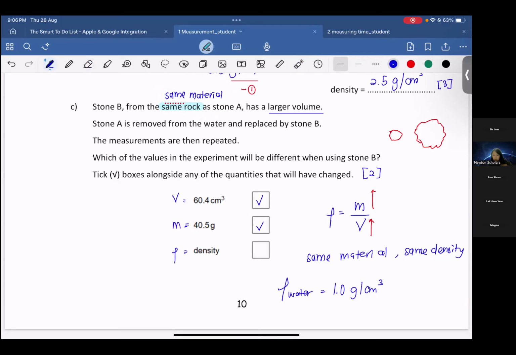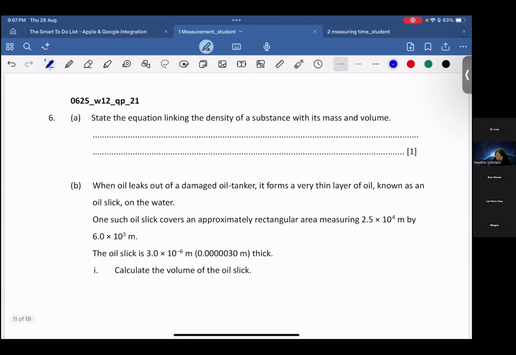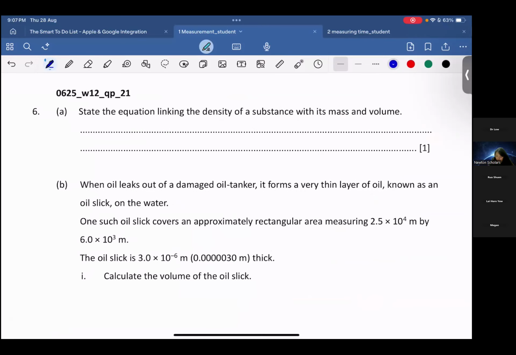Okay, so if no question, we go to your page number 10. Easy. 2012. State the equation linking the density with its mass and volume. Dear, I don't want you to write it in this way. Don't write this as your answer and then finish.